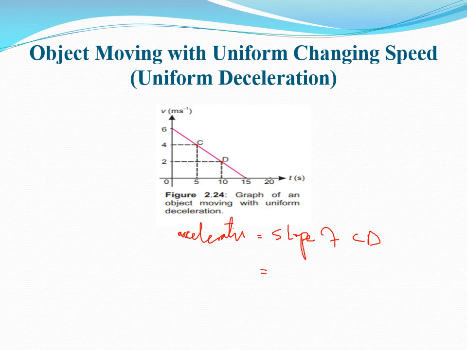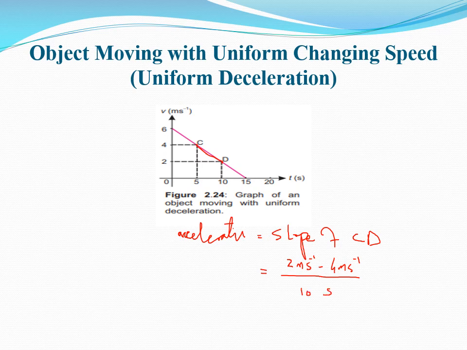So at point C, you are noticing that as the slope goes from C to D, the decrease in speed equals 2 meter per second minus 4 meter per second, divided by how much time is taken?